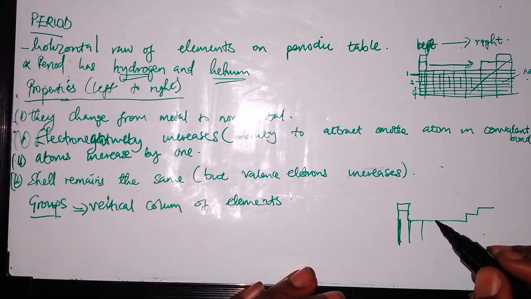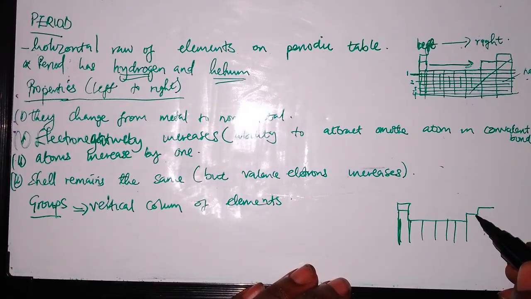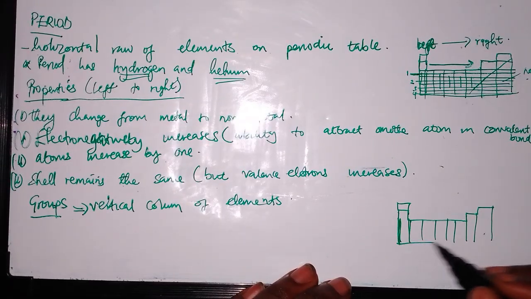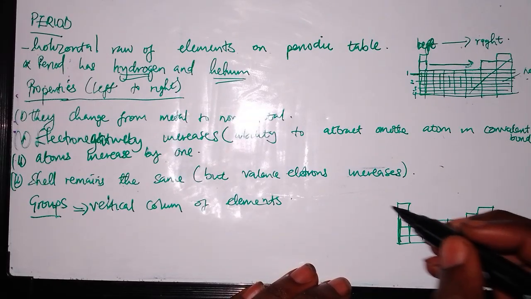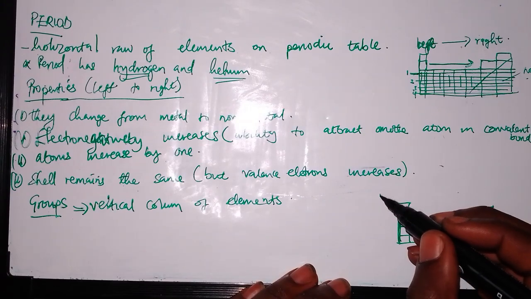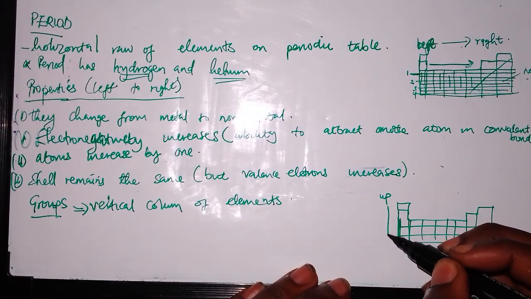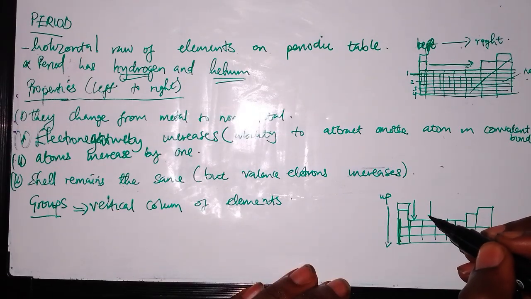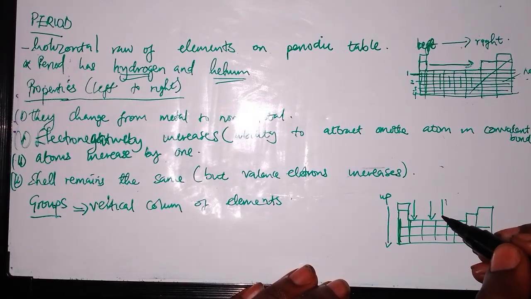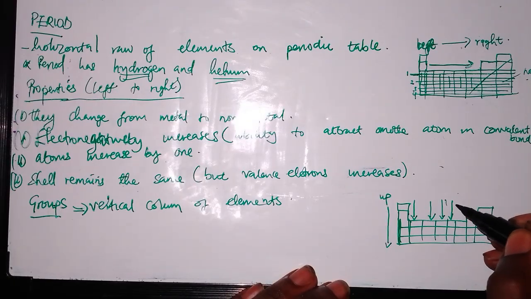So now here we are saying that the vertical lines are known as what? Columns. So moving from up, going down, again up, going down, up, going down. These are known as the groups.